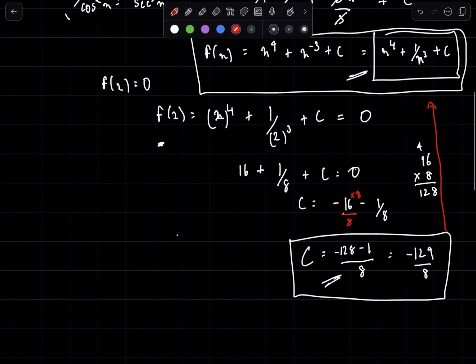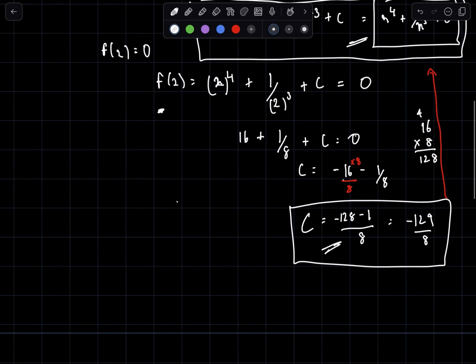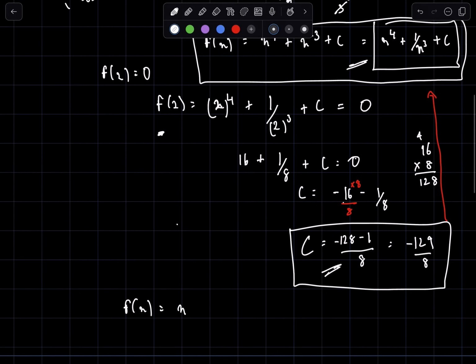So my f of x basically is equal to x to the power 4 plus 1 by x cubed.